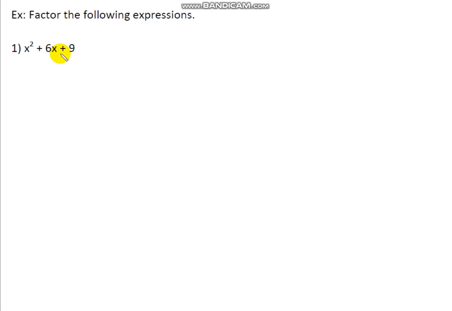So what we see here, we're trying to find two numbers that multiply to 9 and add up to 6. So let's go ahead and write our numbers. We have 1 and 9, -1, -9, 3, 3, -3, -3.